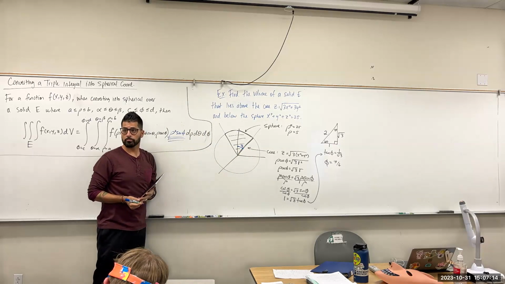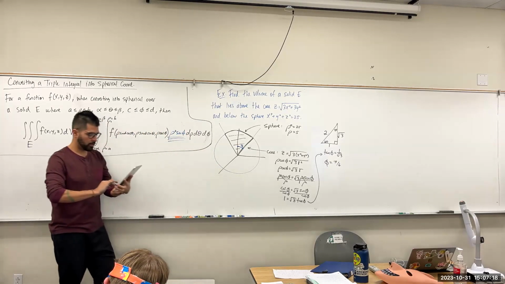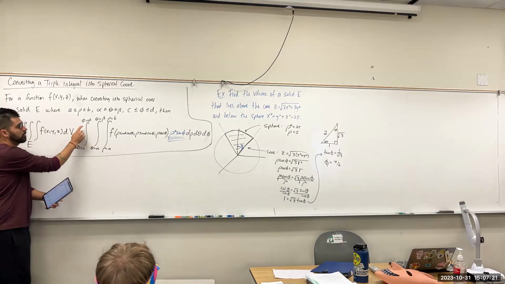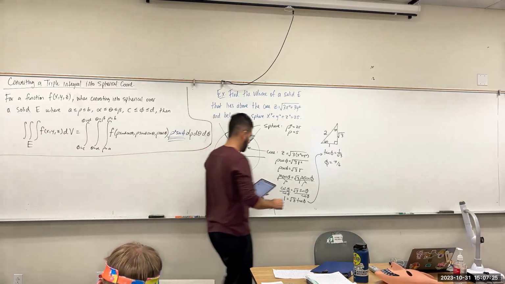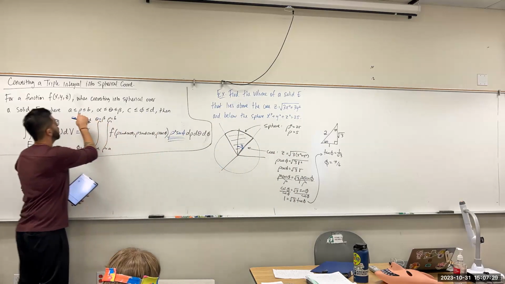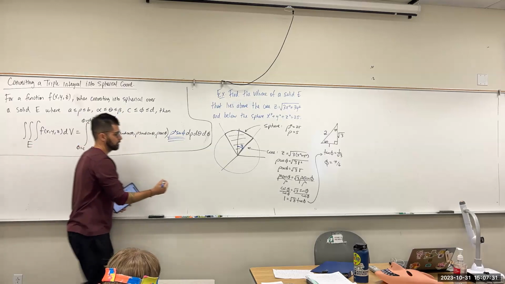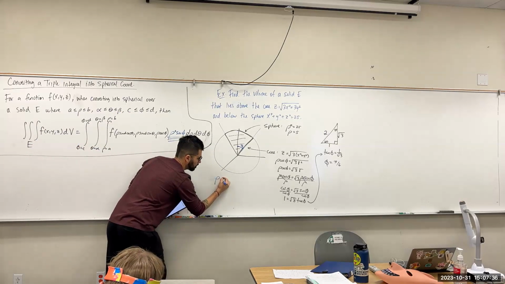That's what that told you. Now you want to know that information because you need to find your bounds for phi. So if I want to start bounding, I want to find these bounds. Let's start with rho.